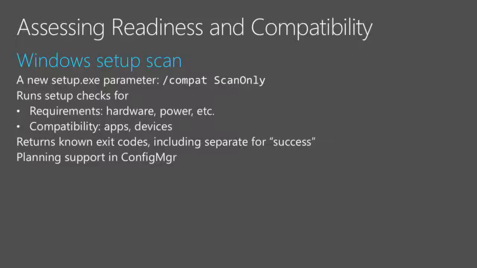One other piece, while we're on this slide, diagnosability of Windows setup right now can be a bit of a challenge. We're working with Windows on that to try and make it an easier process. If you were to run this and get back some error code, right now, today, it's a bit of a mystery to know, what does that error code mean? How do I find out what that is? If there is an app compat issue, where do I look to know which app is causing a problem?